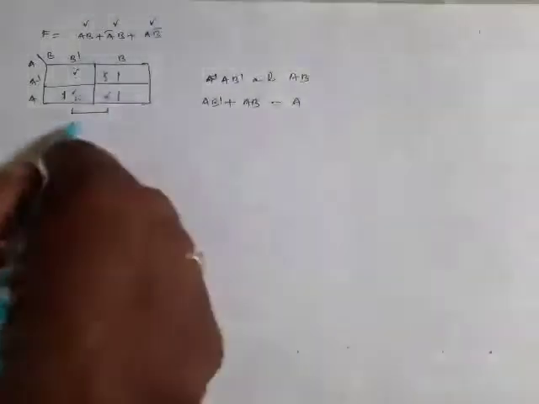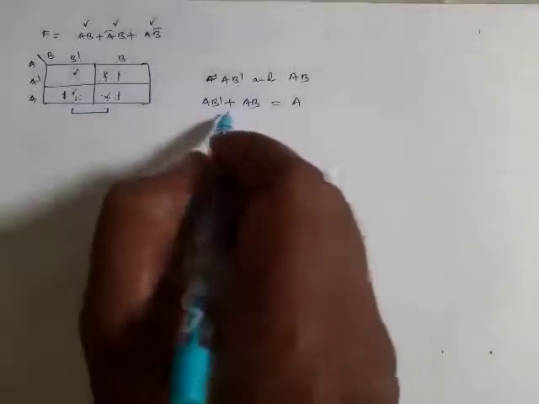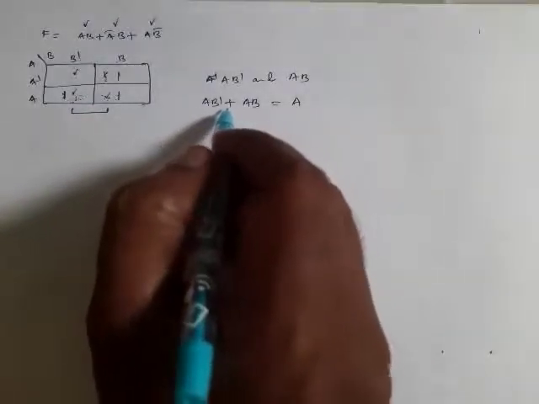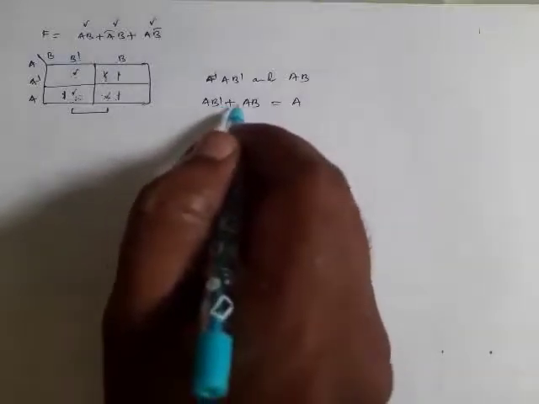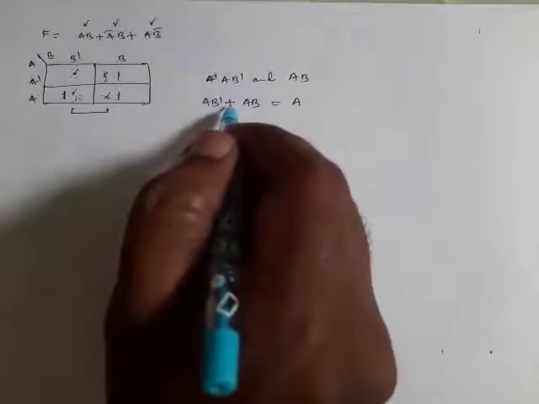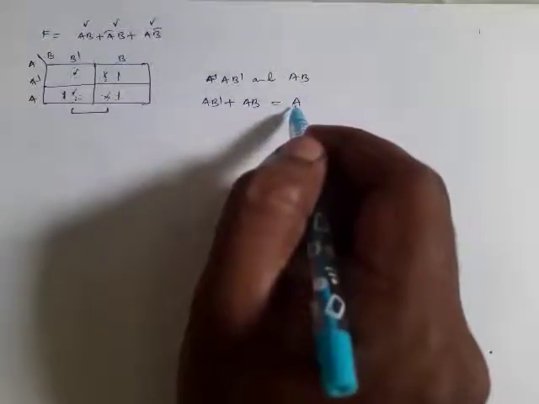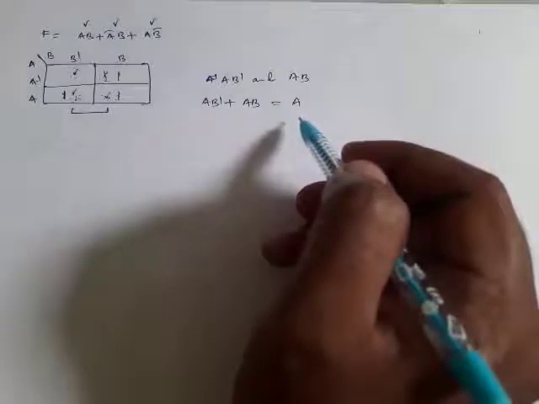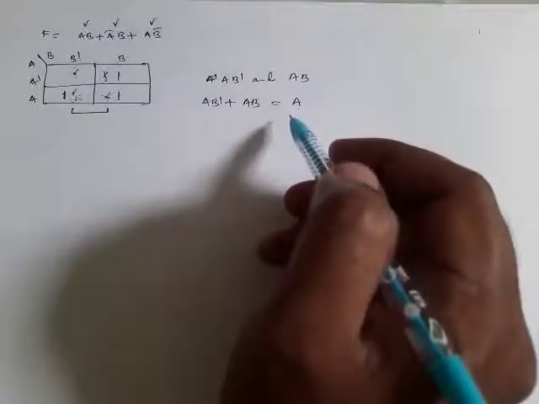So this way, when I combine the two adjacent squares, I am eliminating the variable which is changing, and the resultant product term contains fewer variables, and this is called the adjacent cell property of the K-map.